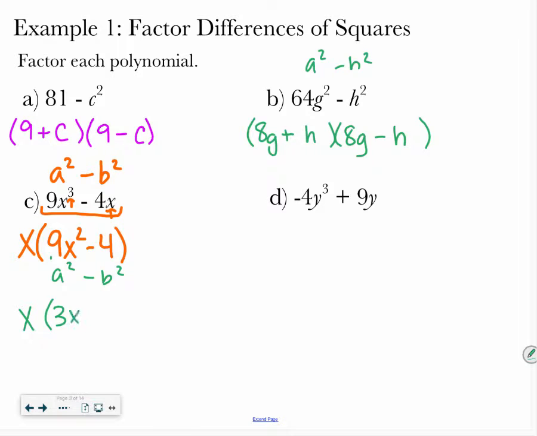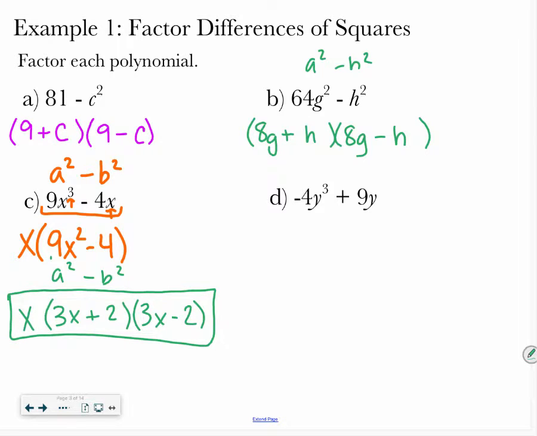And then I need x times an x in order to get to my x squared. So 3x times 3x gives me that 9x squared. And then I'm going to have a plus 2 and a minus 2 in order to get to my minus 4. So this whole thing is now my answer.